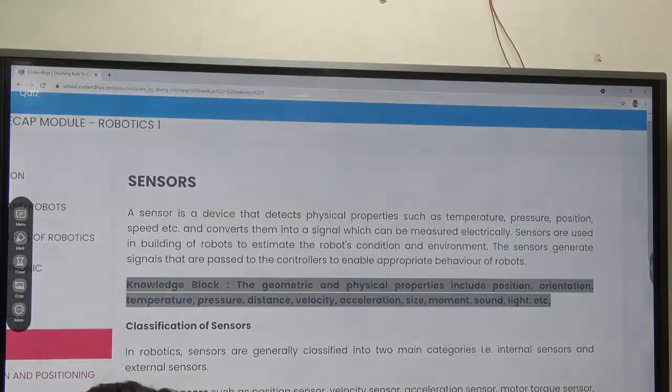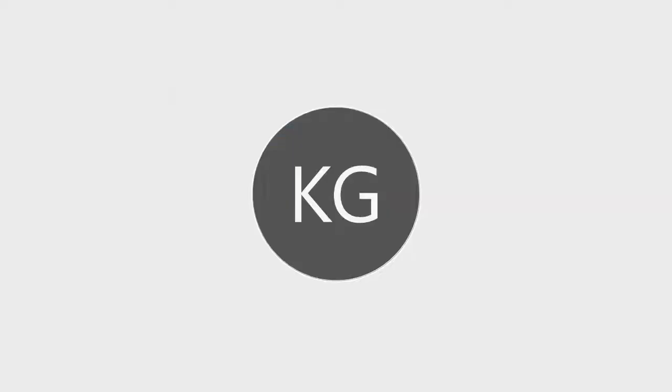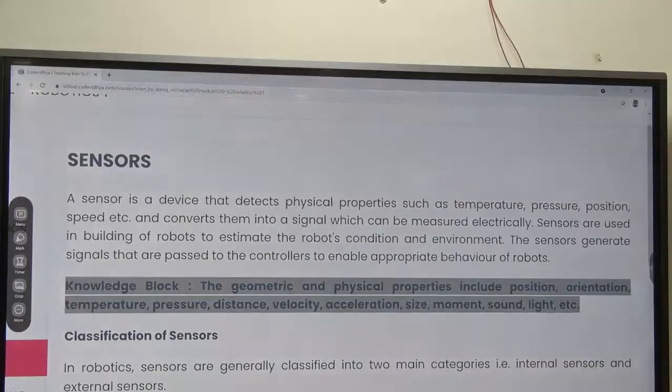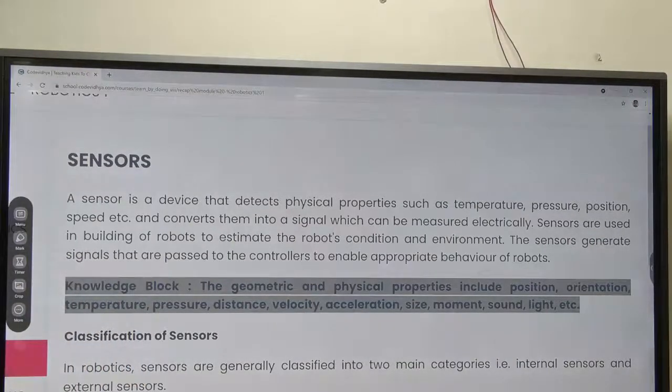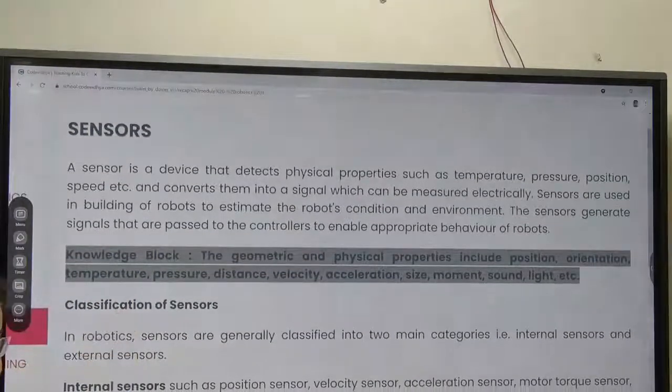I want to read. Yes, Kartikeya, you want to read or you have some doubts? Ma'am, I want to read. Okay, Kartikeya, continue with sensors.